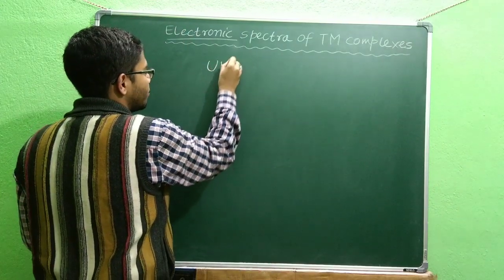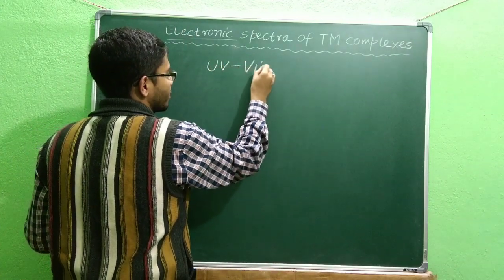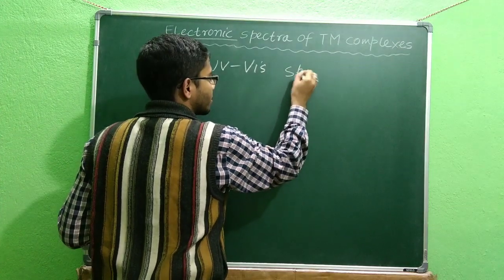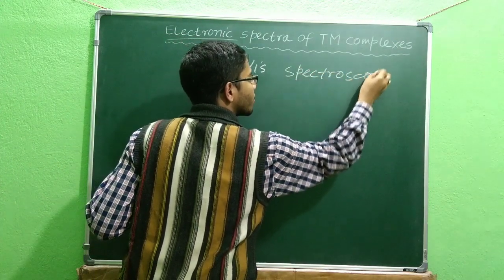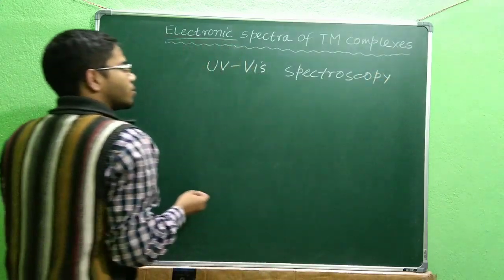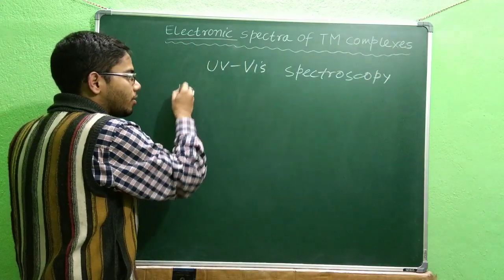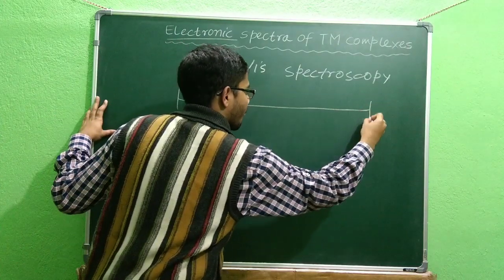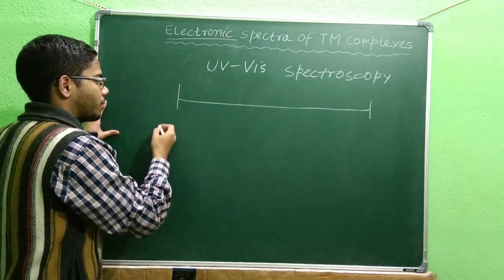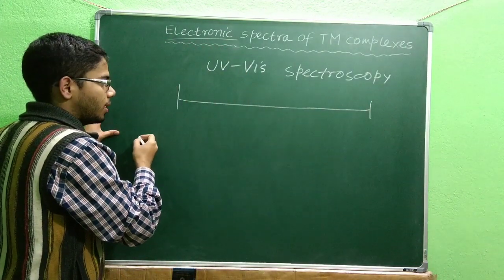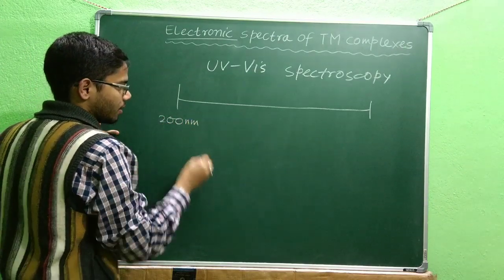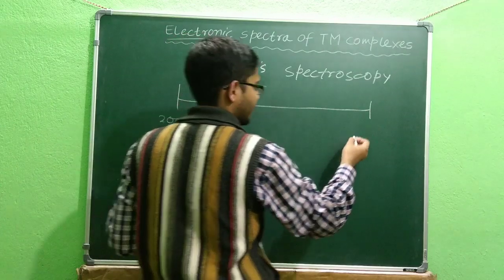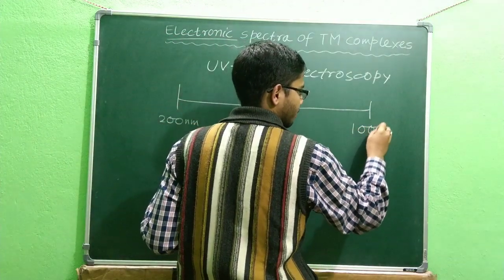So let's say this is 200 nanometer and this is 1000 nanometer.